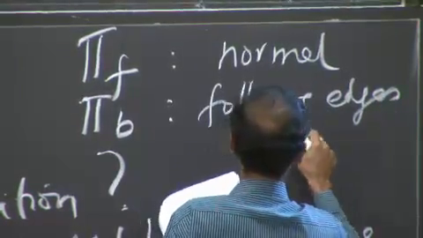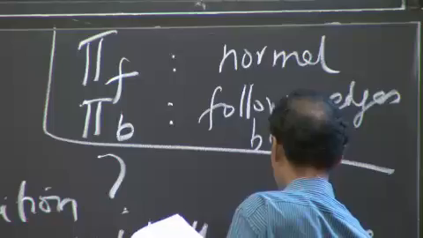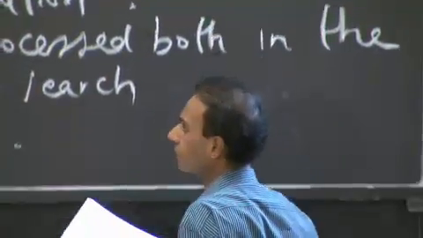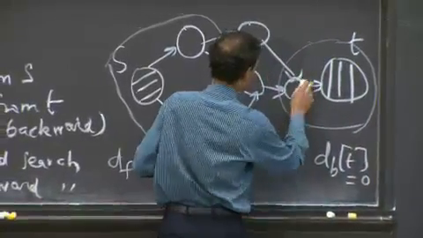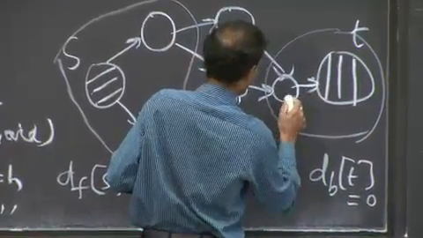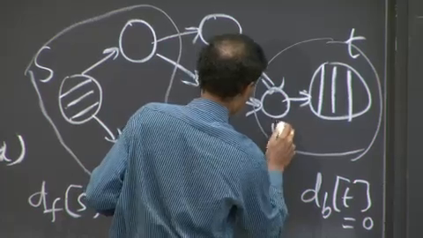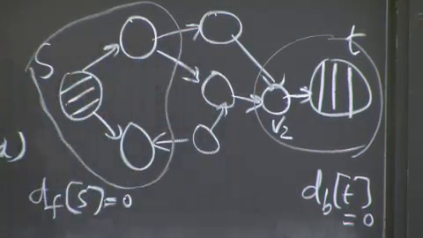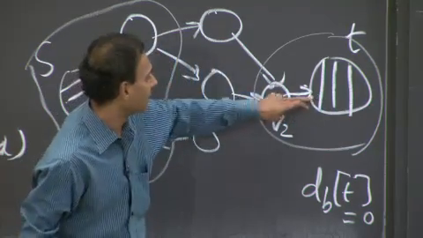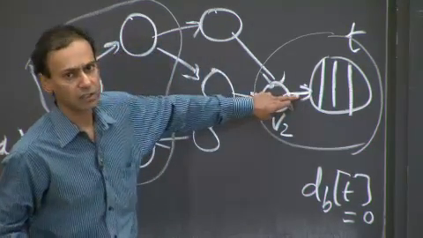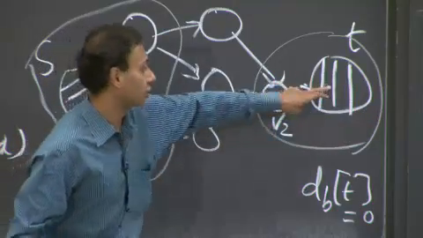So in some sense, the predecessor, so in the case of pi B, what you're saying is on this node here, which I'll call V2, for example, if I'm going to choose this path here, obviously I choose this edge here in any shortest path that gets to T, right?